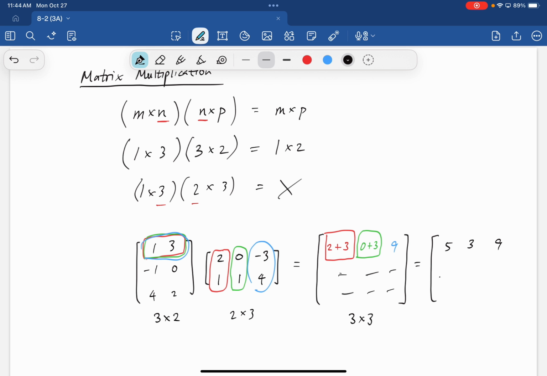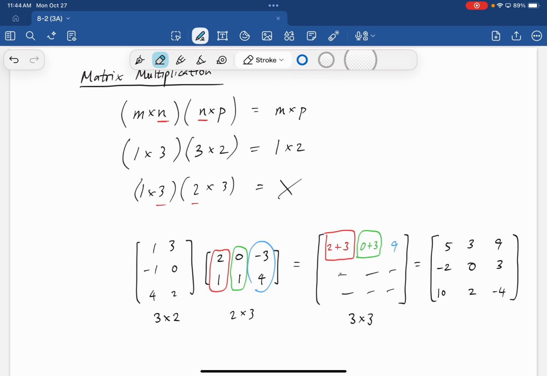And then once I get to the second row, I need to do the first row times the second column. Okay, so that's going to give me -2. This will be 0. And then 3. And 10. 2. -4. First row, second column.